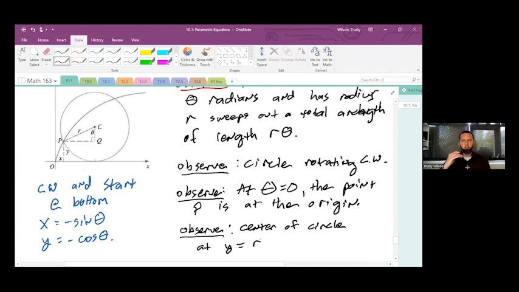That will let us shift the circle up a little bit. So that's pretty nice. And so we've got some circle that is centered at y equals r, but then from that center point, we're going to adjust based on where on the unit circle our point P is.